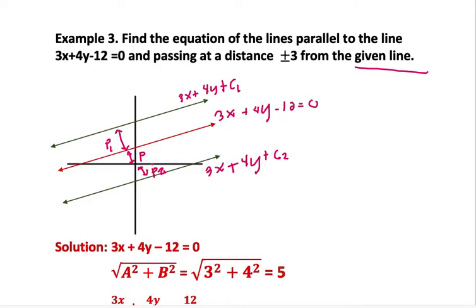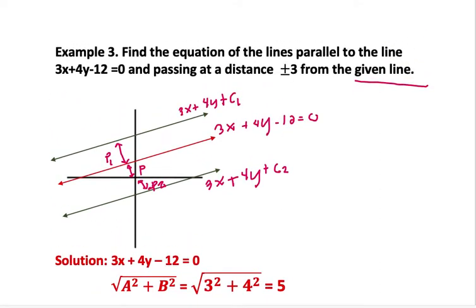So, take note also that P sub 2 indicates a downward direction, so it would be negative. So, this will be negative P sub 2. So, let's proceed to solution.